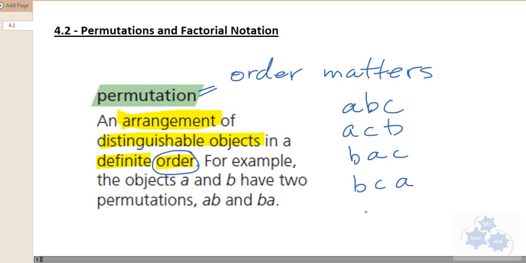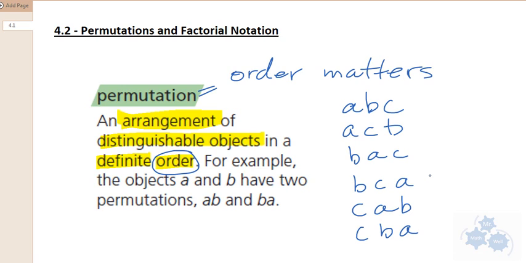And of course, if we start off with C, we could do this, right? So these are 6 different arrangements, also called 6 different permutations. Any questions on that? Okay. So permutations, a definite order of different items.